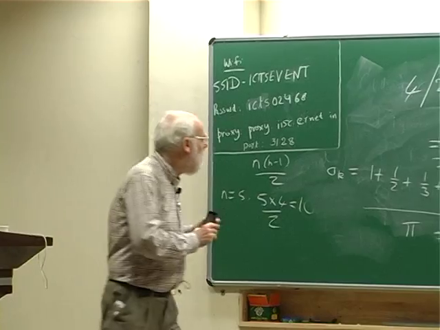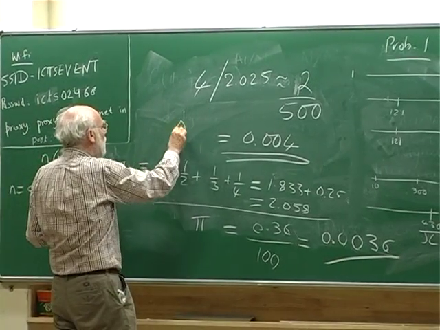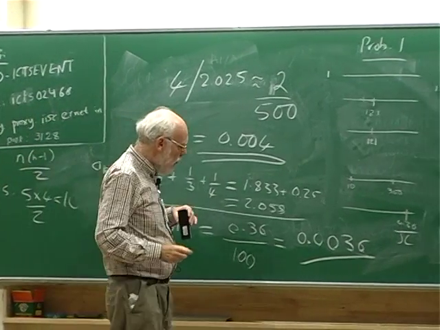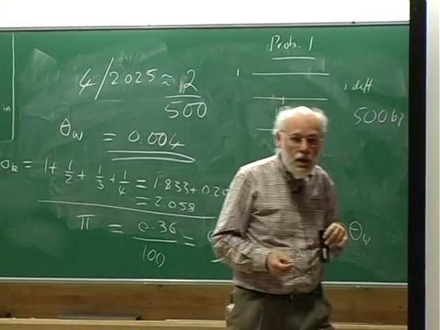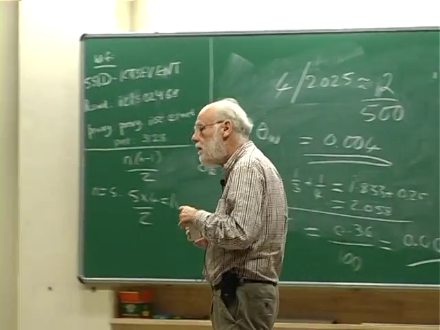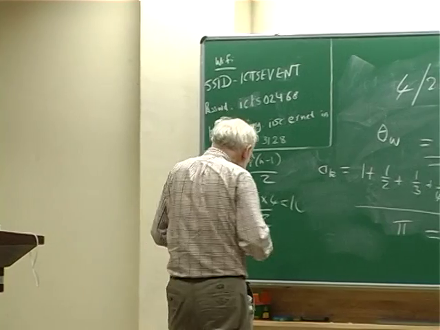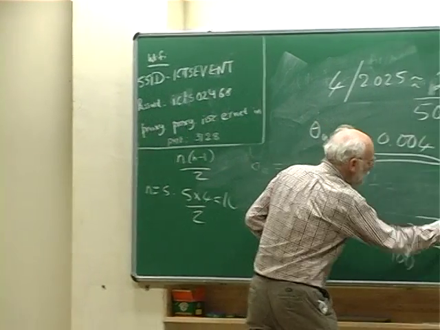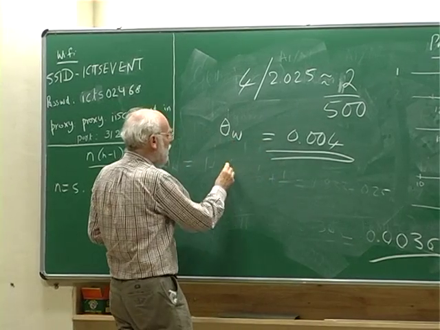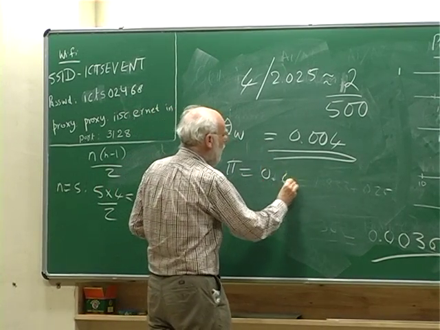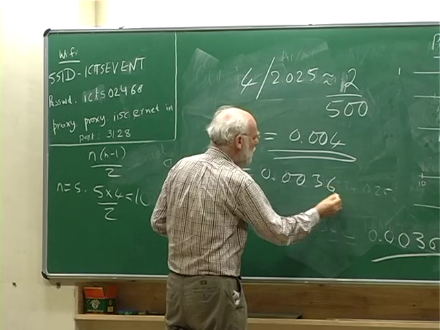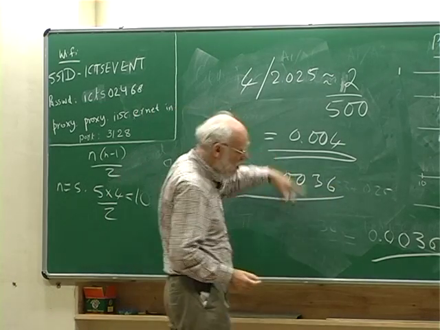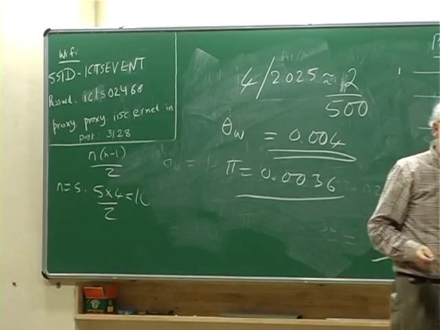So that's our other estimate of the diversity, 0.004. And pi, as you may remember, was 0.0036. So this one's a little bit bigger than that one.